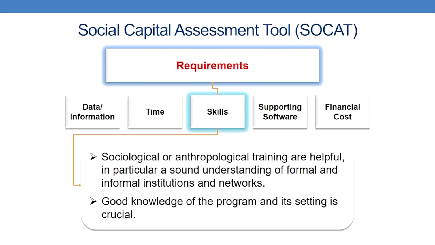If I am carrying out network analysis as an economist, it is important for me to enter into the arena of sociological and anthropological literature and try to understand the formal and informal institutions and networks, and how they have conceptualized them and how these networks work, before I start trying to apply the SOCAT as a tool for coming up with a better understanding of my results. So, good knowledge of the program and its setting is crucial.